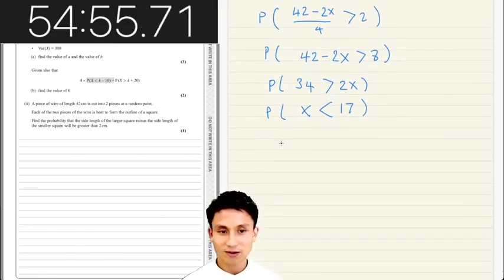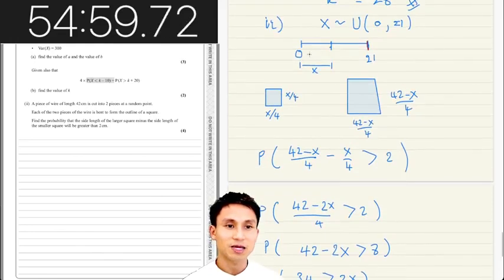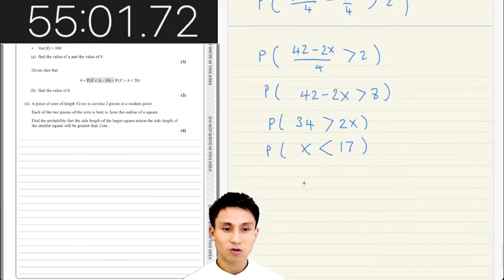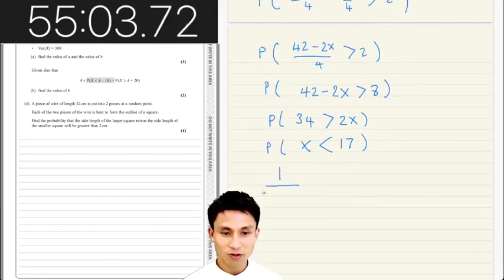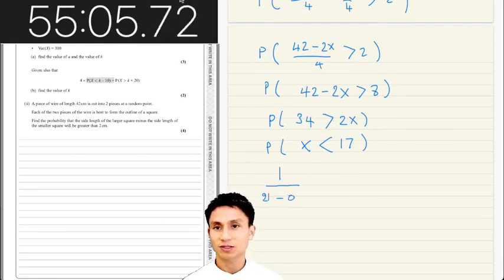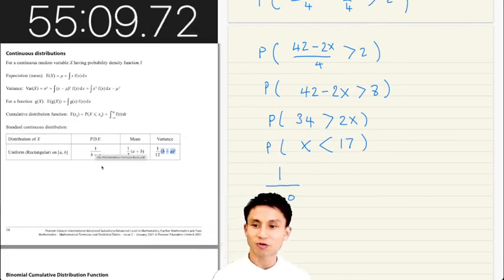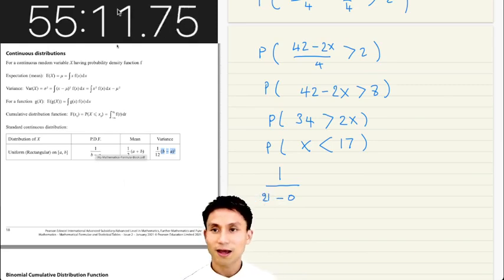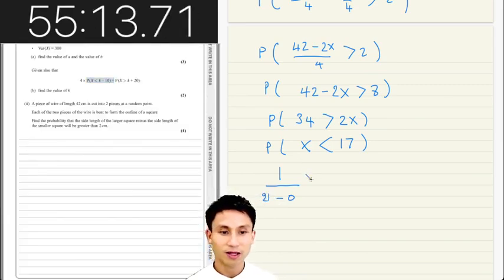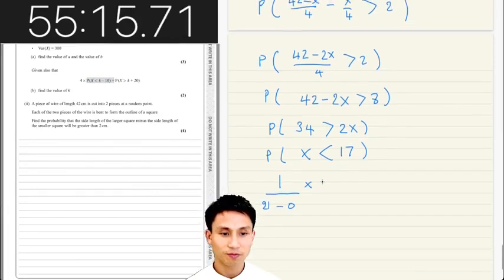So to find the probability, because we model it with a being 0 and b being 21, the probability density function is 1 over 21 minus 0, the upper bound minus the lower bound. That's just the formula. And then we multiply that by the 17 to 0 here.